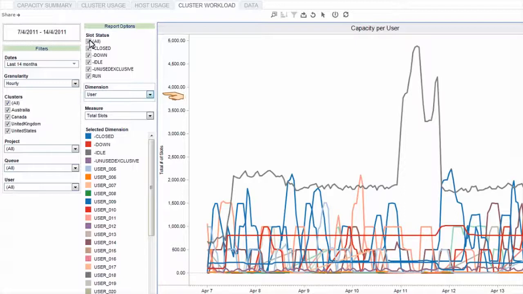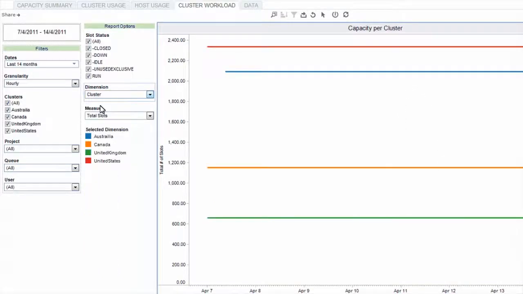I expect this to be static since the total slots remain constant over the week. Now I see the relative size of each cluster.